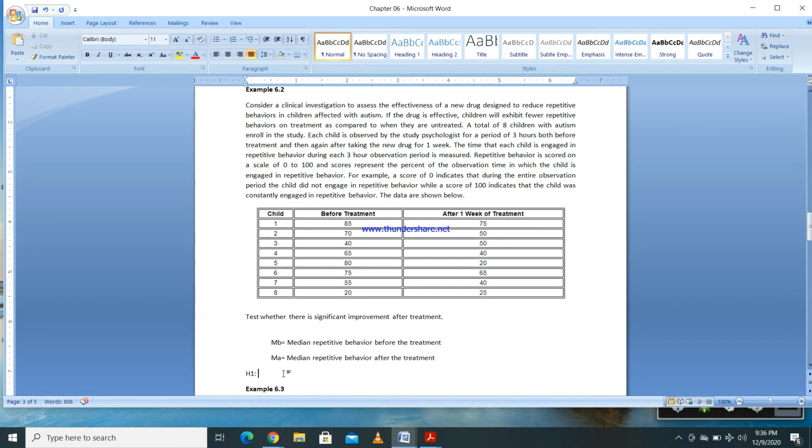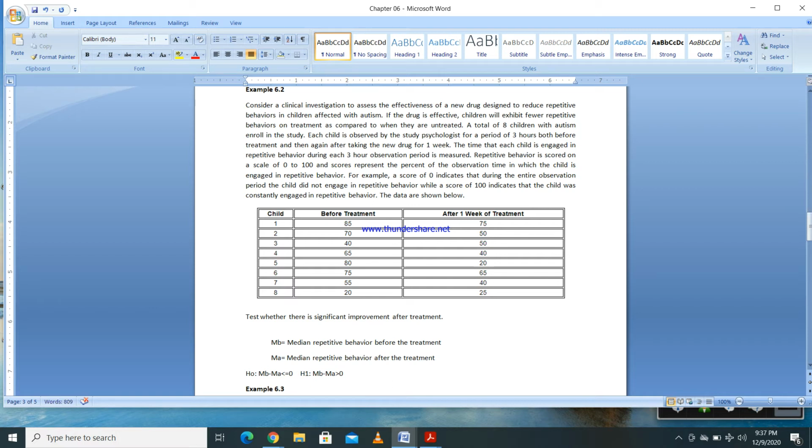That is, if you take the difference, MB minus MA should be greater than 0. And the opposite you can take as the null hypothesis, that is MB minus MA is less than or equal to 0. So this is our hypothesis.